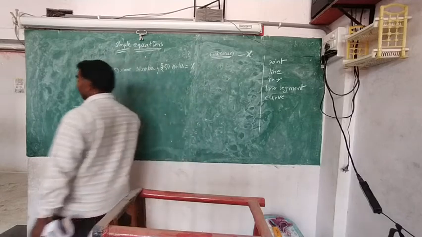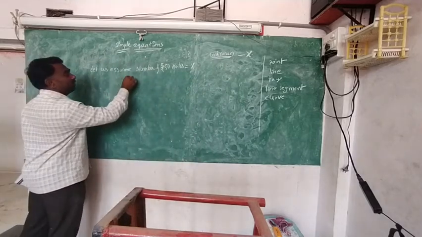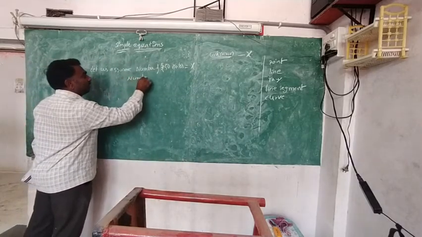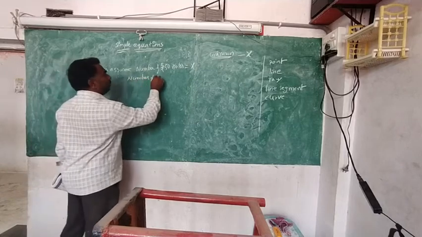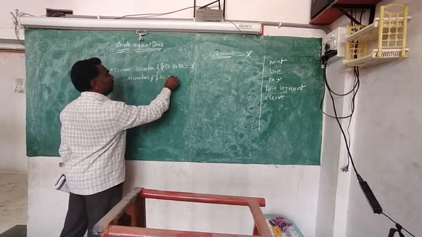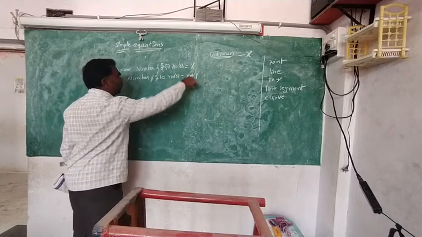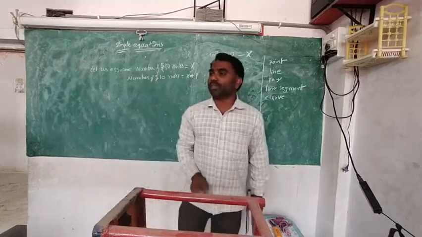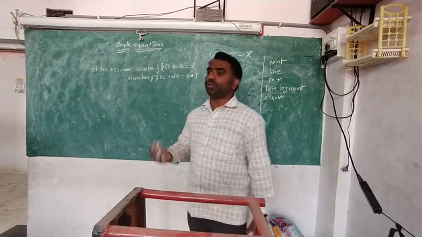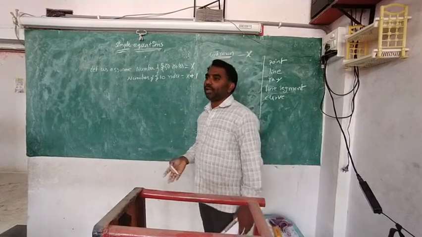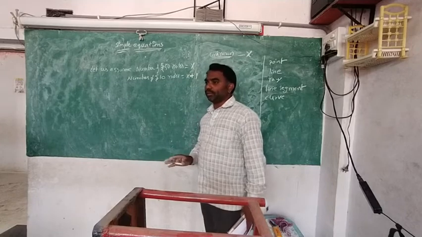Okay, the next unknown is there, and that also we are going to find. What is that? The number of 10 rupee notes: x plus 1. Is it or not? One more than. One more means plus 1. Less means minus, more means plus, extra means plus like that. Times means multiplication.